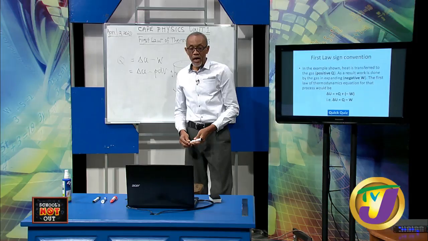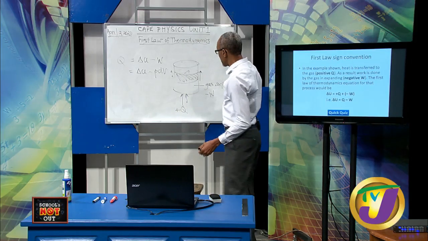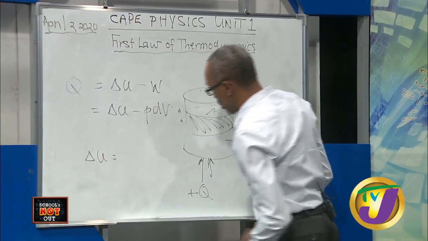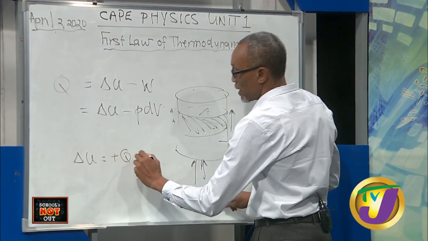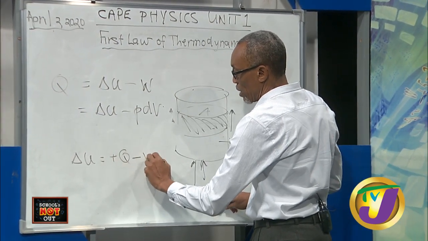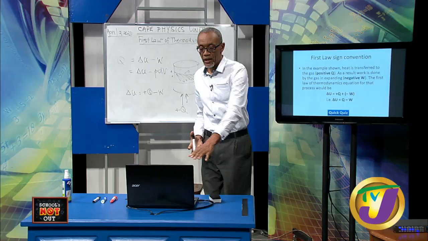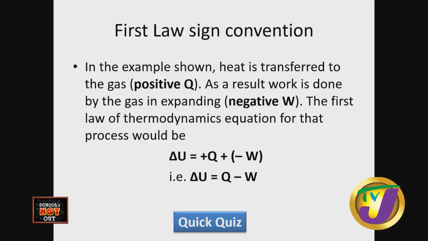All right? And we can write that delta U would be equal to, since Q is positive, Q, and since W is negative, that will be Q minus W. So for that example we did, delta U was Q minus W.